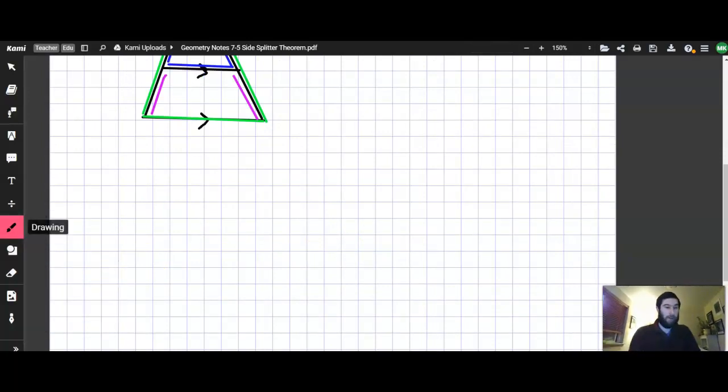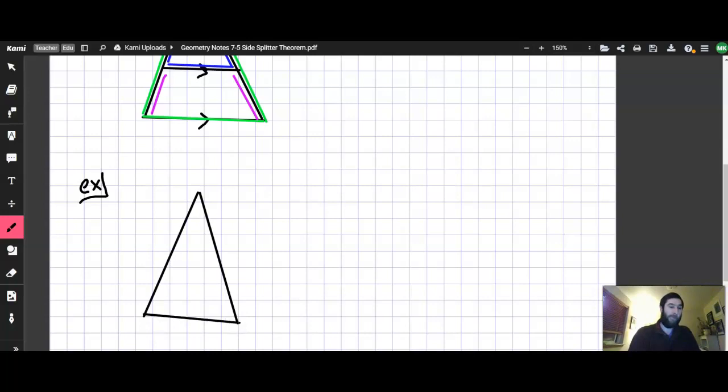So let's say we have a triangle like we do up above, with our parallel line, and we're given the following information. Let's say that this is 2, 4, x, and 7. Ladies and gentlemen, as you can tell, the diagrams are not drawn to scale. But because of the fact we have the side splitter theorem, we know that x and 2 correspond, they match.